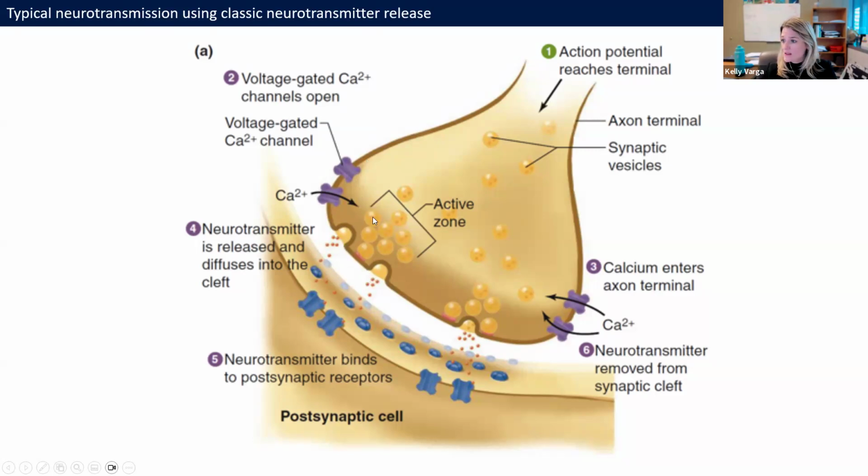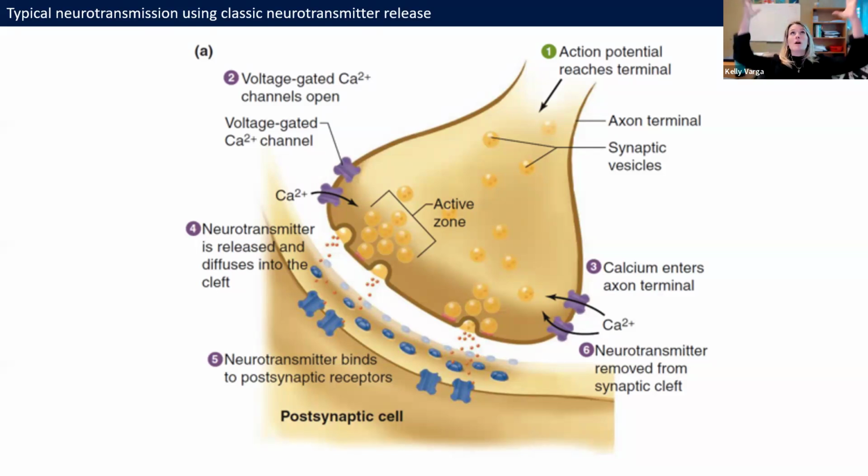And that triggers the release of these neurotransmitters that are now going to cross this little cleft area. We call this the synaptic cleft. And it's going to bind and activate receptors on the postsynaptic cell, and we're going to start the process all over again.